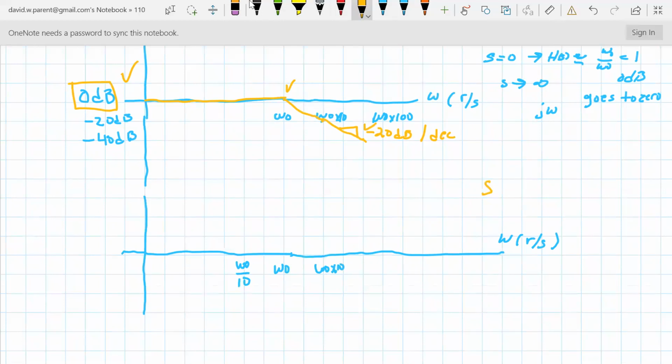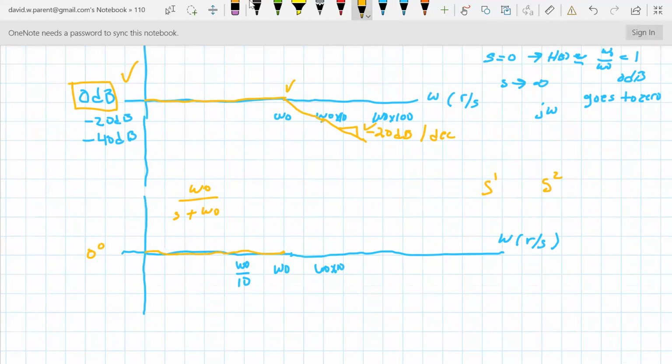There's S to the 1, that's first order. S squared would be a second order, and so on and so on. So it's the transfer function, which I'll rewrite, is this. It's first order, right? There's one pole there. So that's going to start at 0 degrees phase.